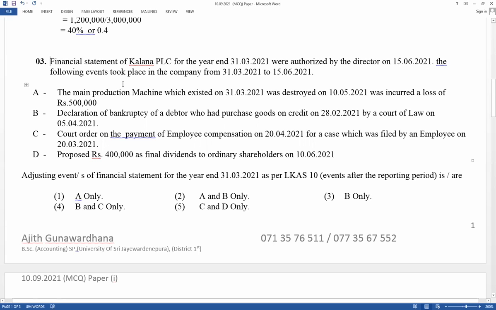The following events took place in the company from 31st March to 15 June. The main production machine, an existing asset on 31st March 2021, was destroyed on 10 May 2021, incurring a loss of 5,000.